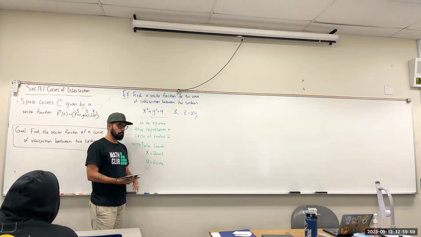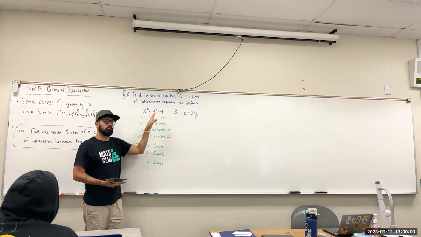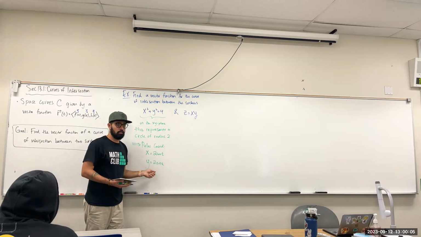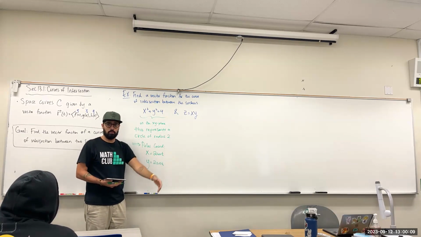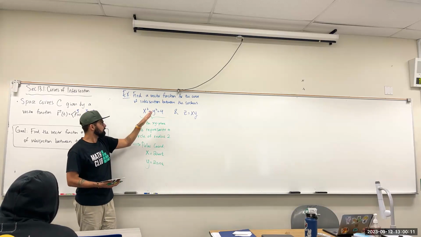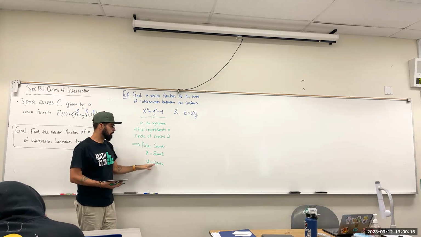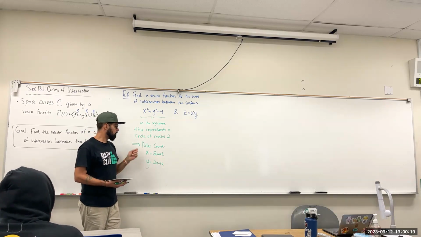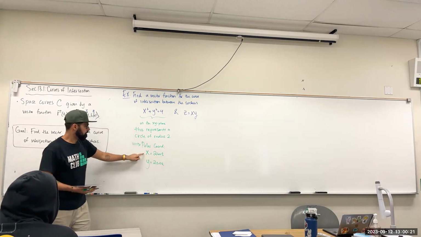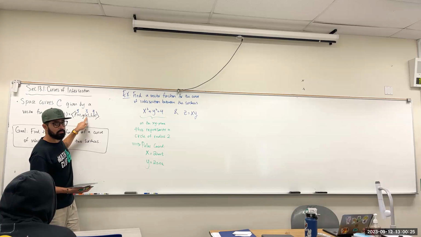Is that cool? What's tricky about this is that there's no real algebra you do to get this. You purely have to know it from your knowledge of Calc 2. In Calc 2, a circle of radius 2 can be parameterized by 2 cosine t and 2 sine t. See how both of these variables are functions of t?